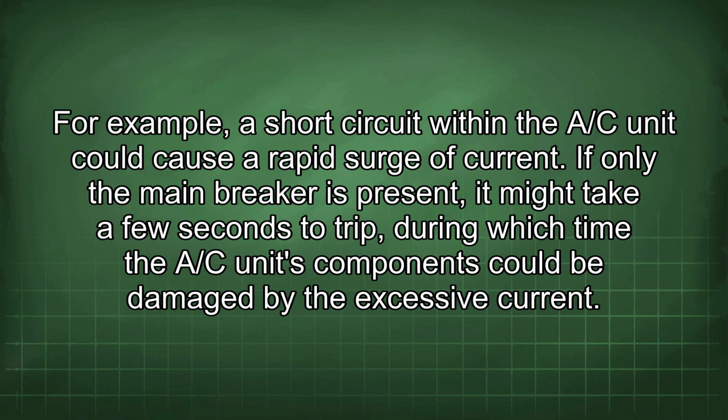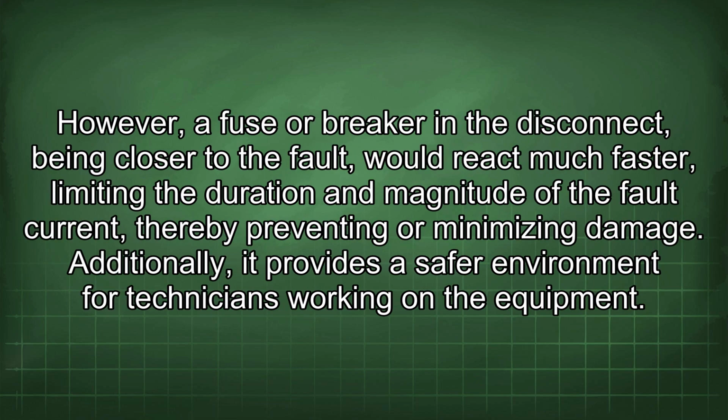If only the main breaker is present, it might take a few seconds to trip, during which time the A/C unit's components could be damaged by the excessive current. However, a fuse or breaker in the disconnect, being closer to the fault, would react much faster, limiting the duration and magnitude of the fault current, thereby preventing or minimizing damage.